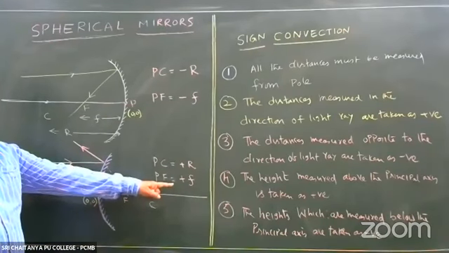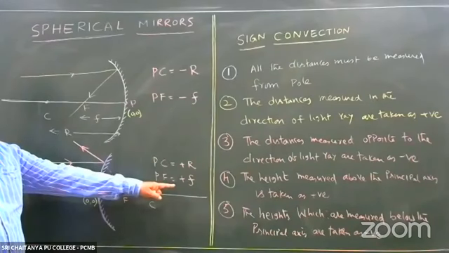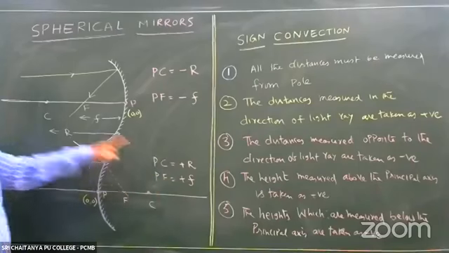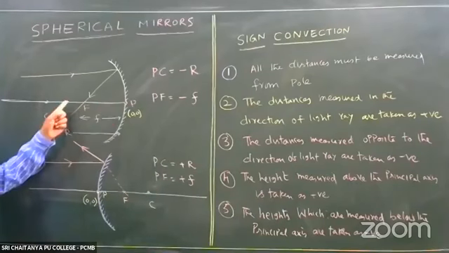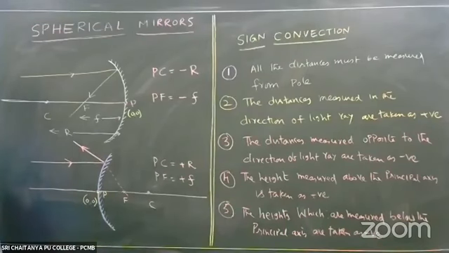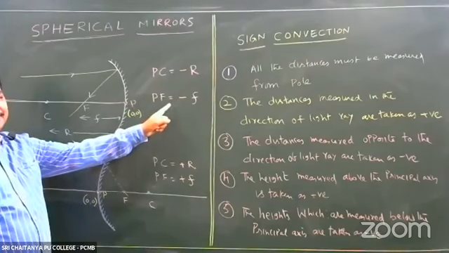Here itself I want to discuss object and image distances. We will discuss deeply later. If the object is kept here, left side of P, then object distance is negative. If the object is kept right side of P, then object distance becomes positive.